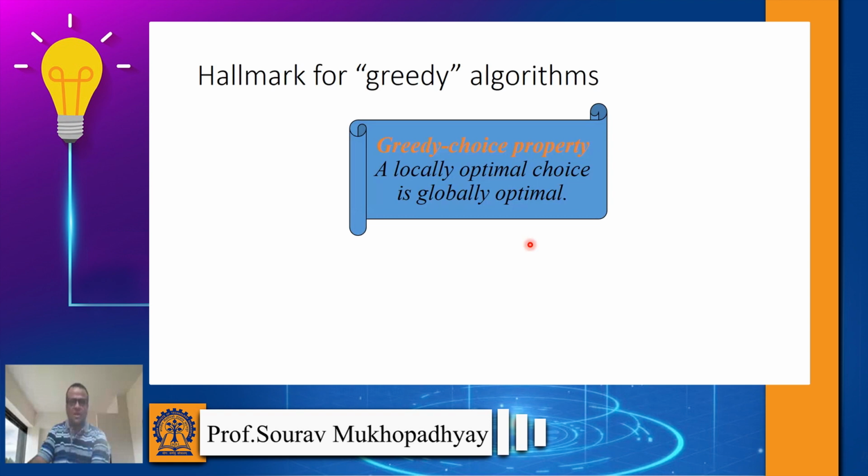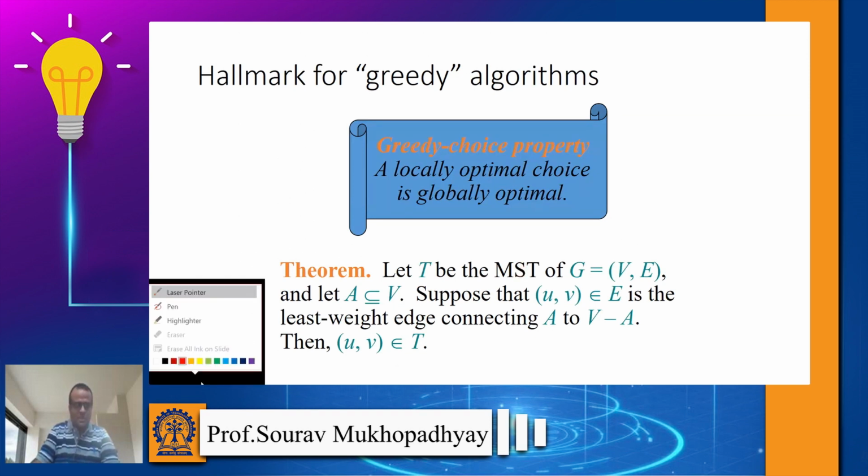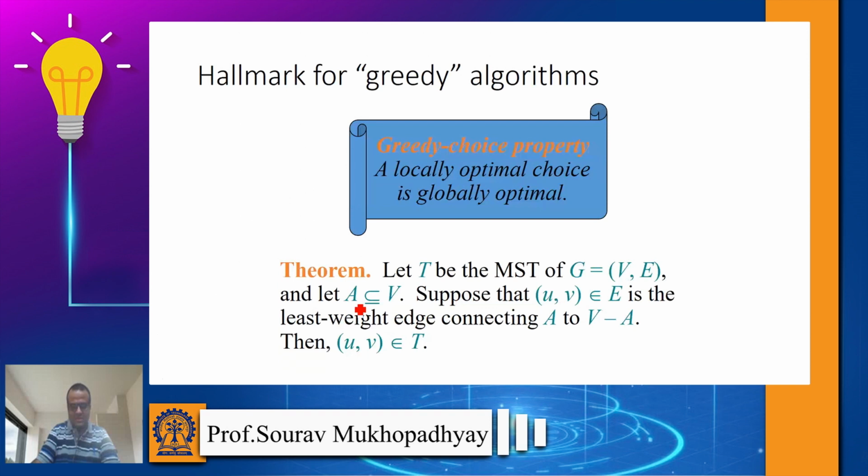So in this context, how can we establish that locally optimal is globally optimal? How can we prove this? Suppose we have a graph G, which consists of a set of vertices and a set of edges, and the edges are weighted by some weight function W. We take some set A from the set of vertices.